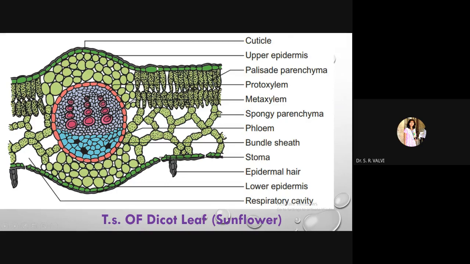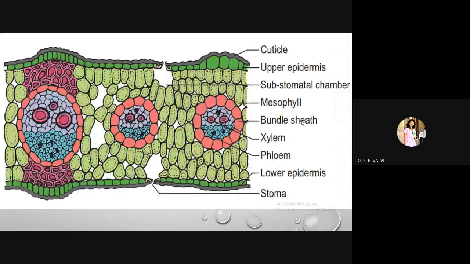If such a pattern is present, you have to call it a dicot leaf. There is no such pattern in the case of the monocot leaf, as on the next slide.